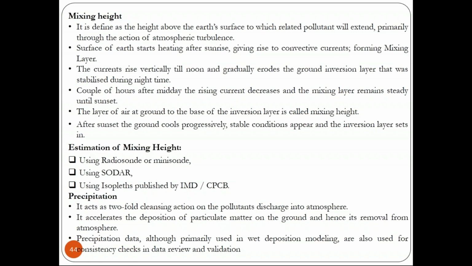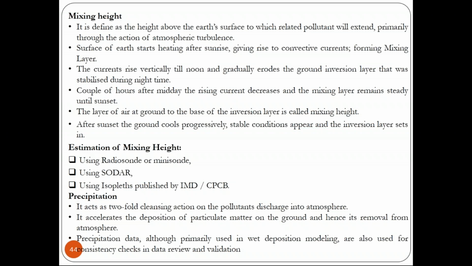So how can we estimate the mixing height for any particular area? By using radiosonde or minisonde, and some sodar methods are also there, and otherwise IMD has the mixing height. IMD has also developed with the CPCB a mixing height atlas, like the Windrose atlas.